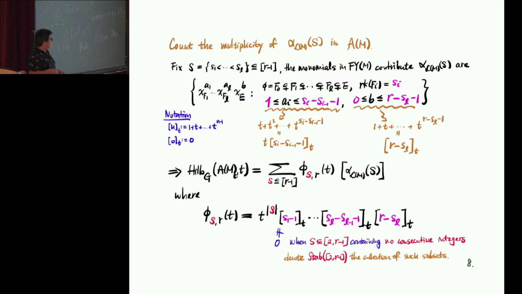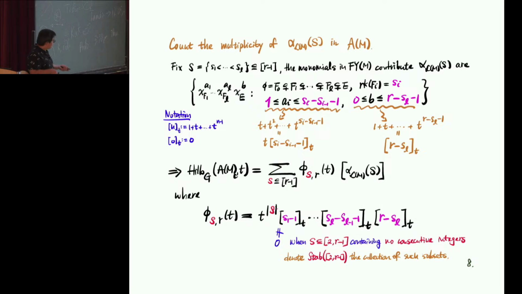And you'll notice that this polynomial is non-vanishing only when your subset S, so S is S1, S2 to SL, lies in the set 2, 3, 4 to R minus 1, and it contains no consecutive integers. Such a subset, we just write as Stab 2 to R minus 1.